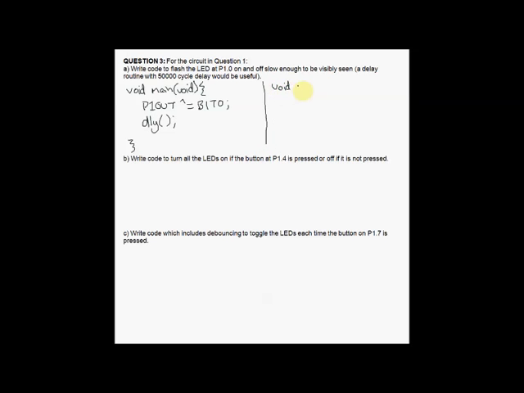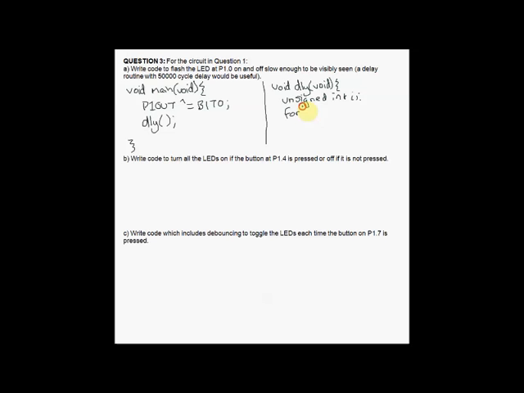So we say void delay, no parameters we're passing to it or from it. Now we need to delay for 50,000 cycles, so we'll need to use an unsigned int. If we use the signed int, it would only allow us to go up to 32,767.